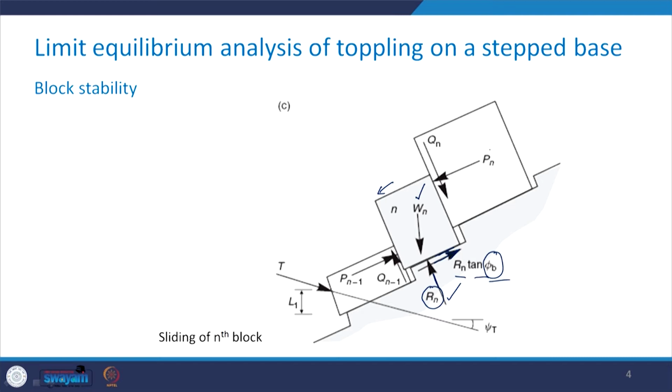The forces Pn and Pn minus 1 are shown like this. Similarly, Qn and Qn minus 1, which are the shear forces on that block in this direction, have been shown in this particular figure.